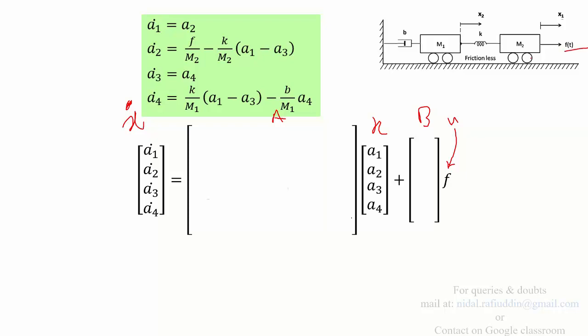Now it will be clear what the order of matrix A should be. This should be 4 cross 4 because you have 4 cross 1 here and 4 cross 1 here, and only a 4 cross 4 matrix multiplied by a 4 cross 1 matrix will give you an answer of a 4 cross 1 matrix.